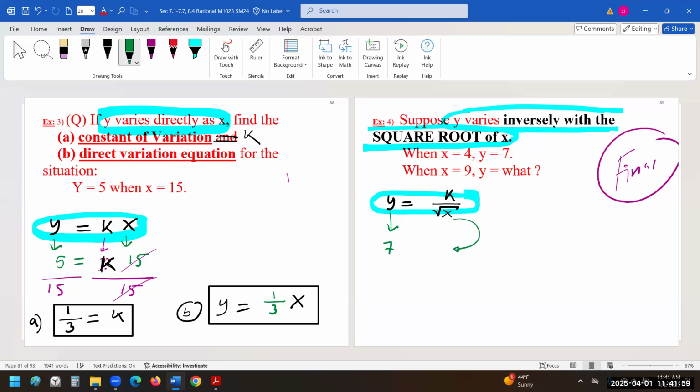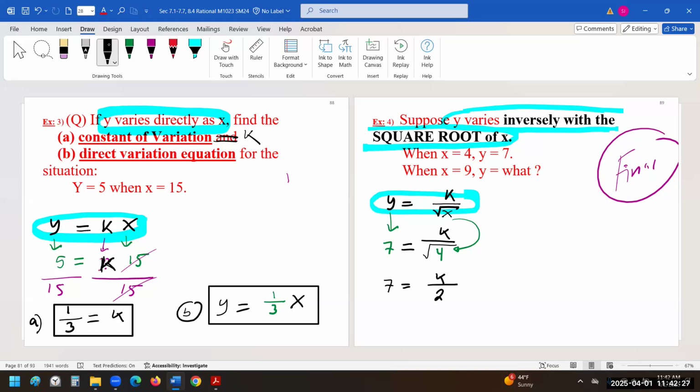And what's the x? 4. So we have y equals k over square root of 4. What is square root of 4? Square root is 2. 4 squared is 16, but it's square root. Root makes everything smaller.